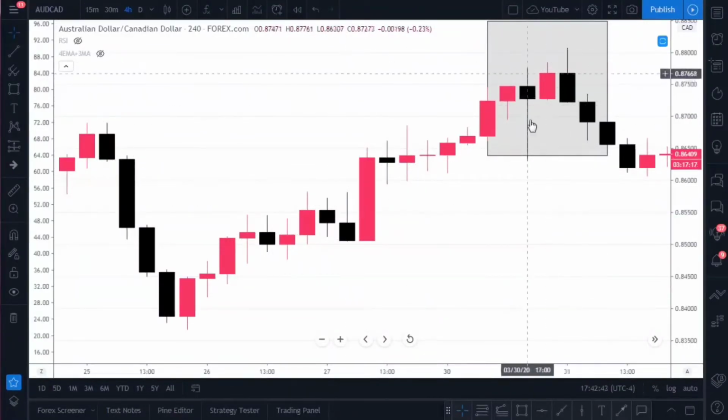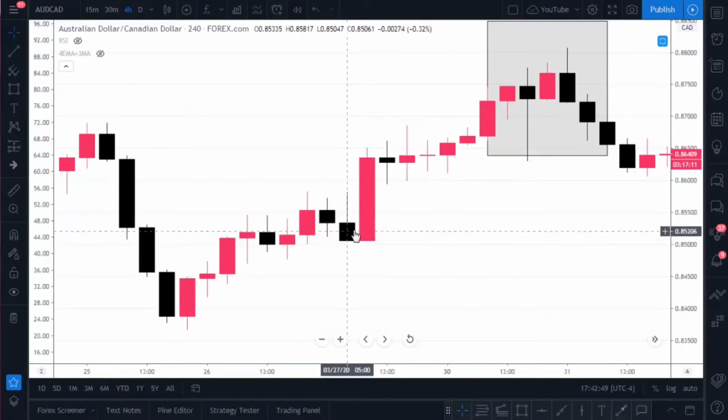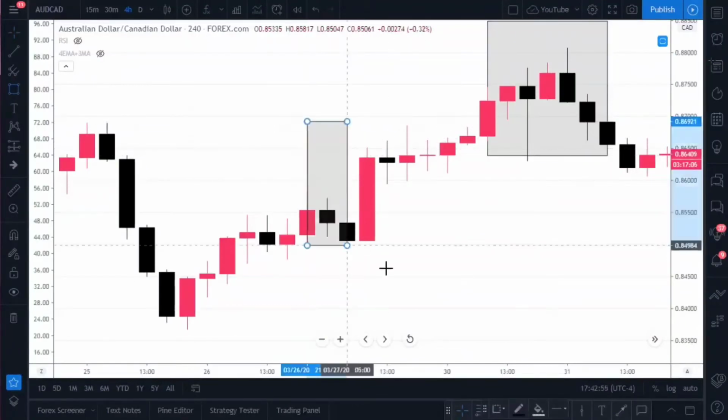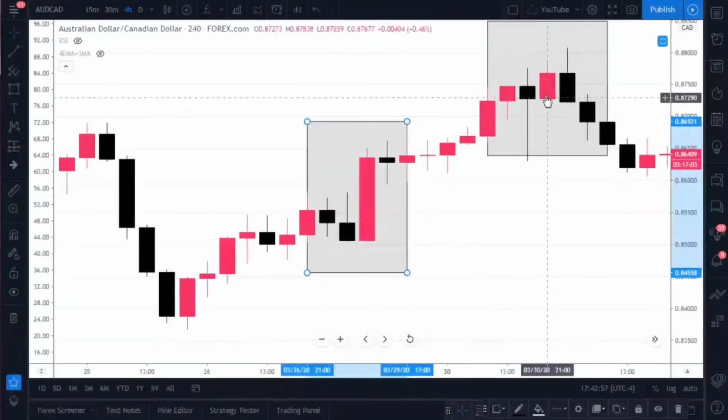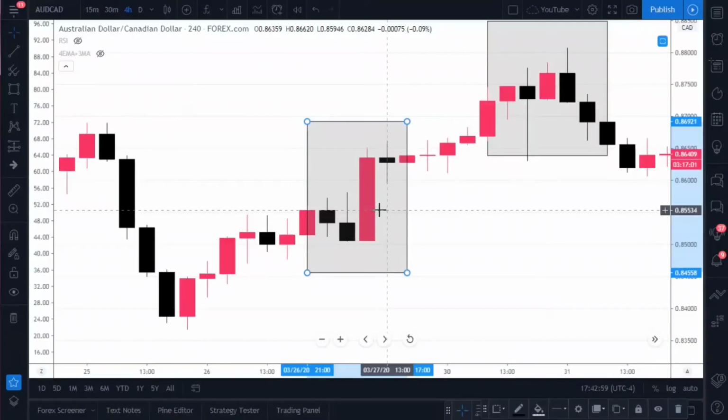So this example here is our reversal example. This example here is our continuation example. It happened in the middle of a trend. So let me box this one up. So reversal, continuation. So let's look for another example.